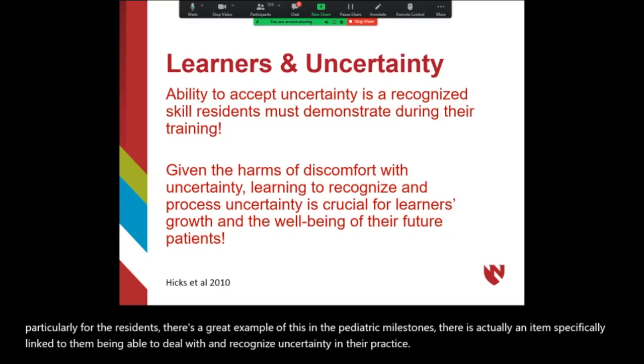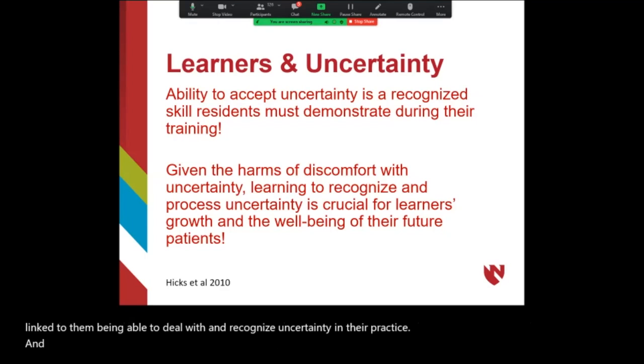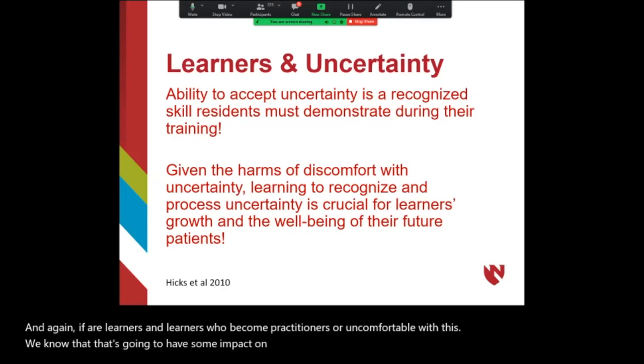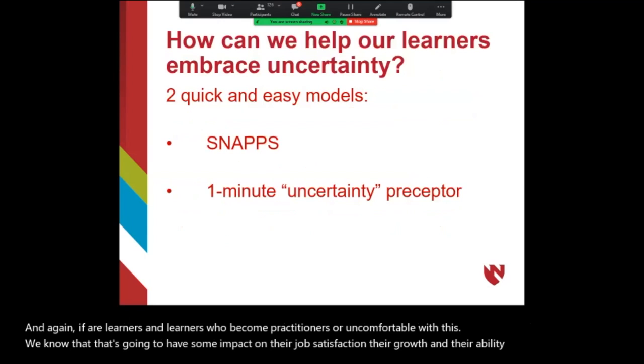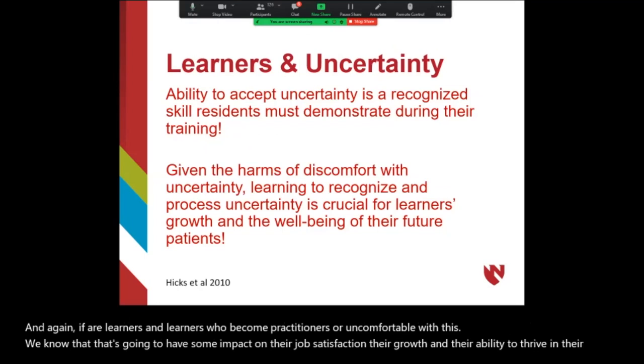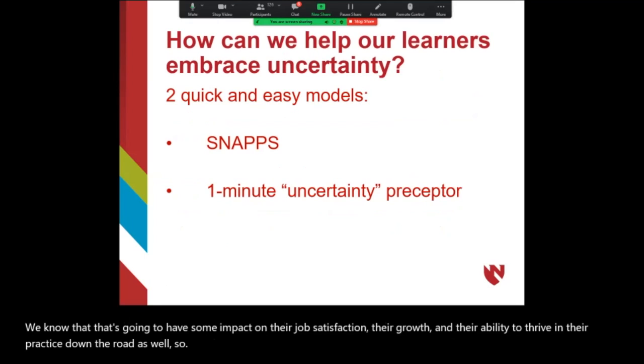And again, if our learners and learners who become practitioners are uncomfortable with this, we know that that's going to have some impact on their job satisfaction, their growth, and their ability to thrive in their practice down the road as well. So how can we help our learners embrace uncertainty?